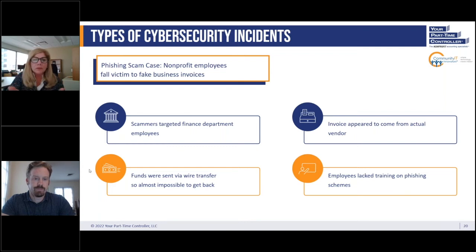So, without sufficient training, employees fall for these schemes. And of course, we have to remember it's not just employees, but also think about your volunteers. If you have volunteers, of course, most of them have good intentions, but there may be a bad guy who is using that volunteer opportunity to infiltrate, and you may be leaving your organization at risk for cyber attack with that.